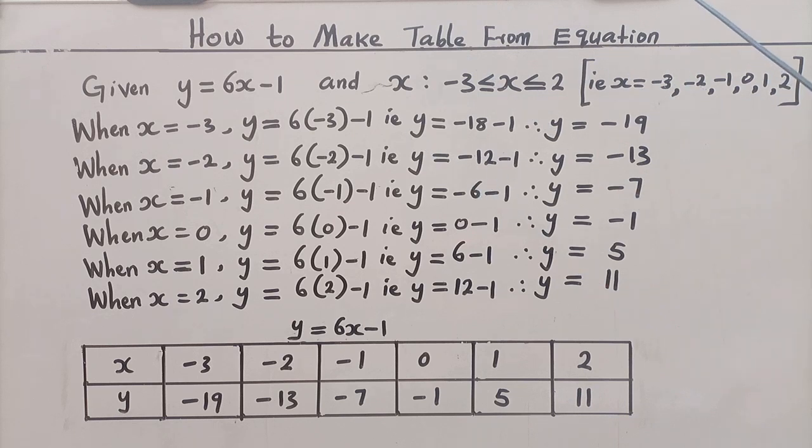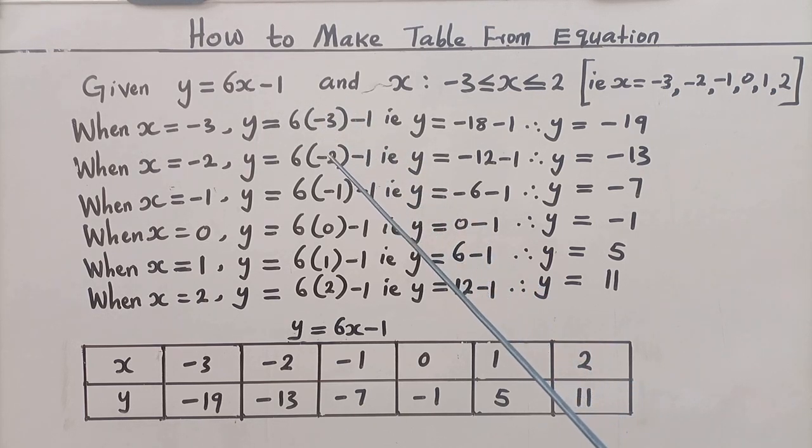Let us start with the first substitution with minus 3. Please watch. When x is equal to minus 3, what is y? Y is obtained simply by substituting this x with minus 3. See the 6 here. It is still there. X is now minus 3. Why this bracket?